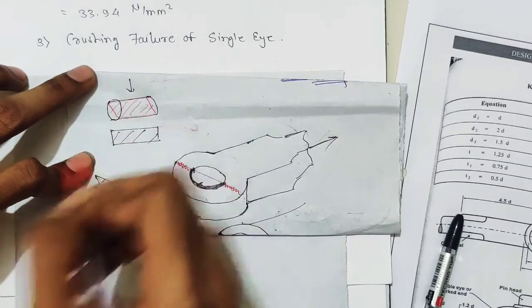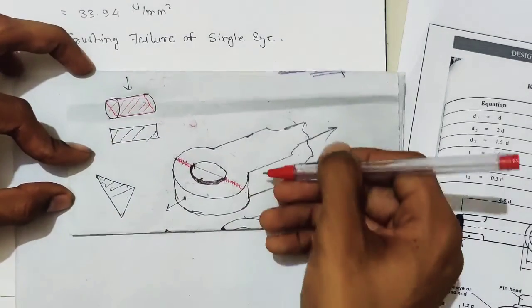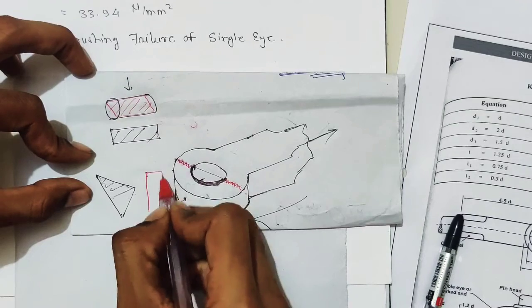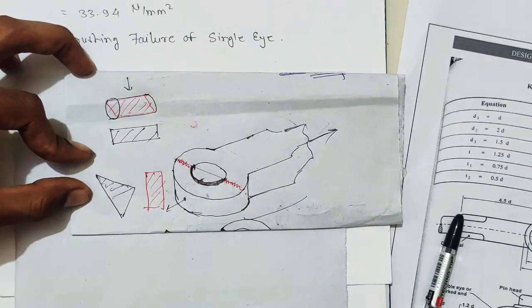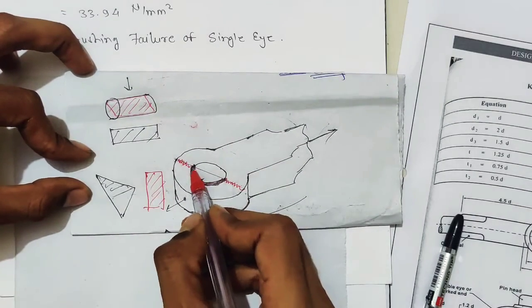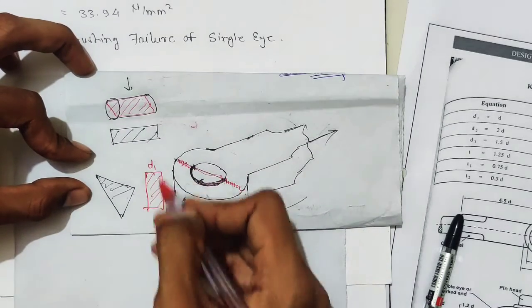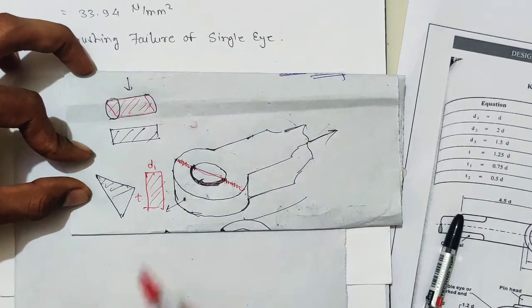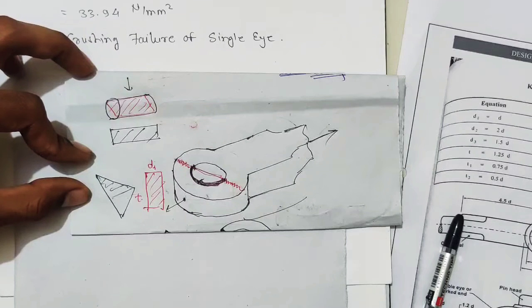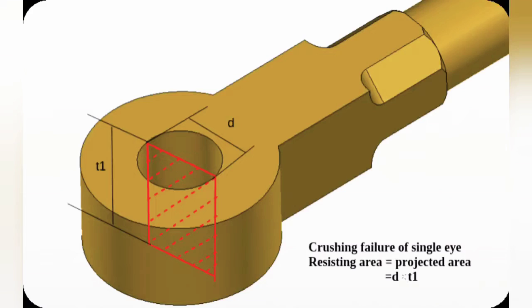If you see from this side, you get the projected area like this. This is nothing but the diameter, that is d1, the inside diameter, and this height is t. So projected area is d1 into t. Simple. Just see these three diagrams and try to understand. So projected area in case of single eye is d into d1.